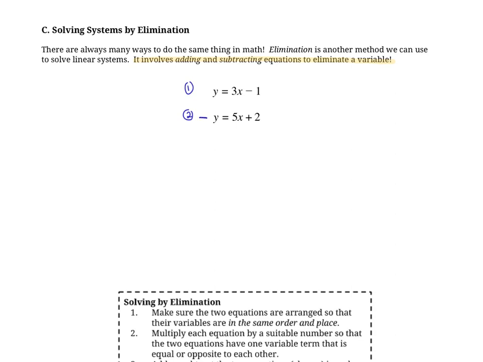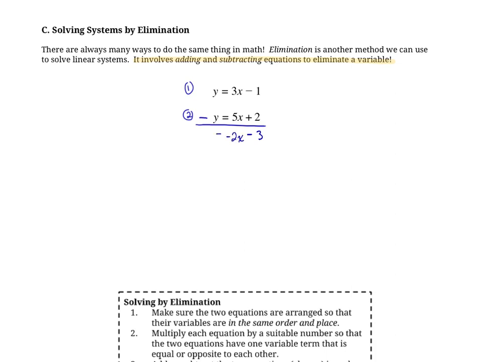So if we subtract our two equations, -1 minus 2 becomes -3. And 3x minus 5x becomes -2x.